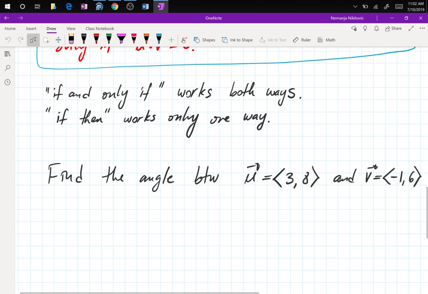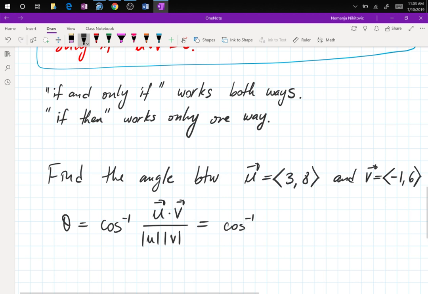All right, let's take a look. So we have the formula that the angle between two vectors is the inverse cosine of u dot v divided by the two magnitudes. Now, I did not make sure that these numbers work out nice. I just put up whatever, so let's see how disgusting this gets. 3 times -1 is -3 plus 48.